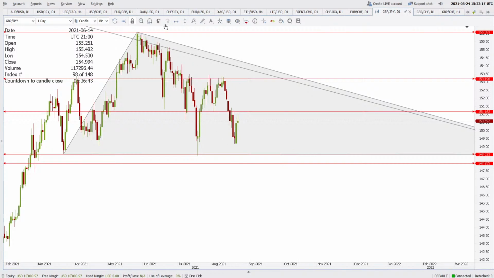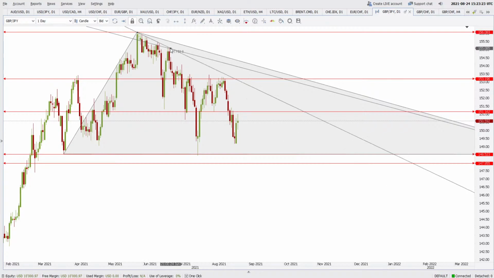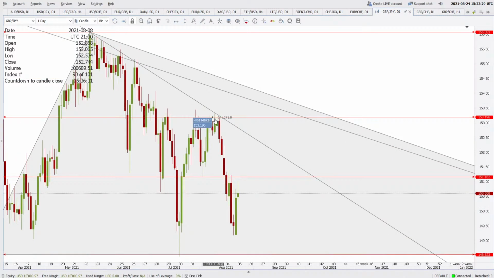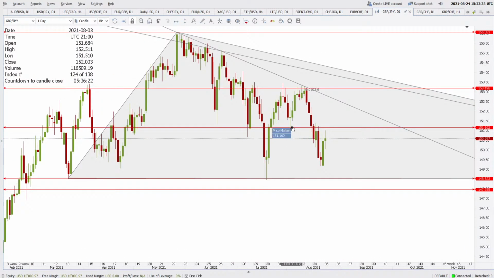But if we join the recent highs, this can also be a selling opportunity when the price reaches here, which I think it will not be reaching, because 151.16 is going to be a very important resistance level here.